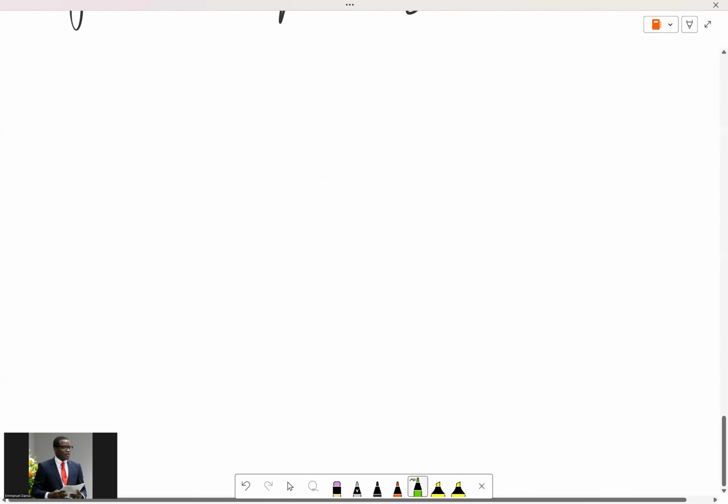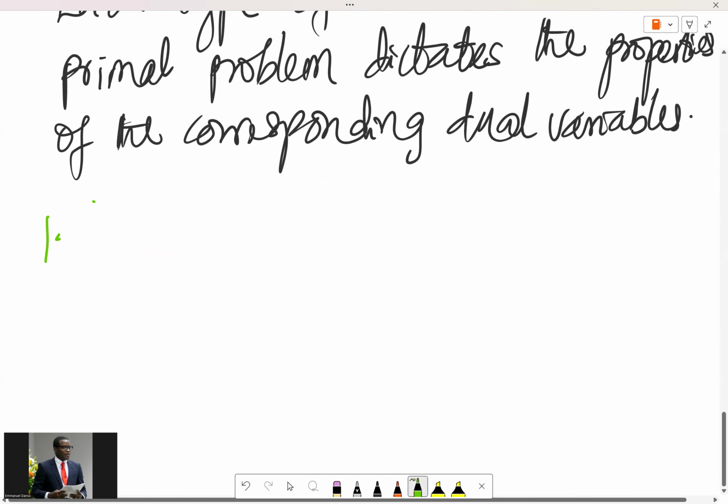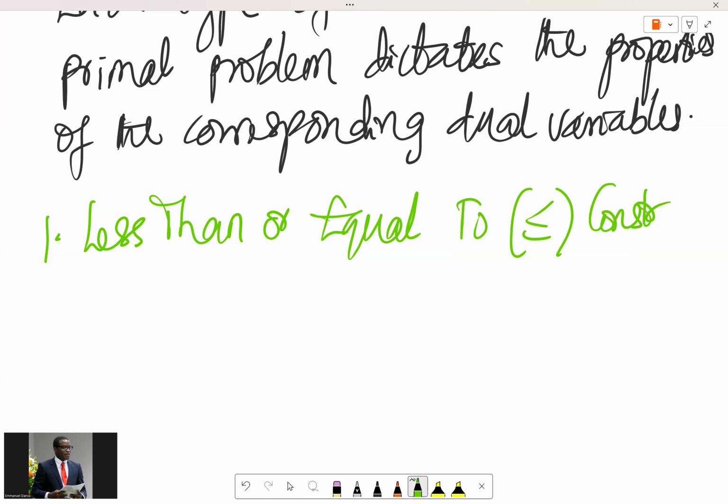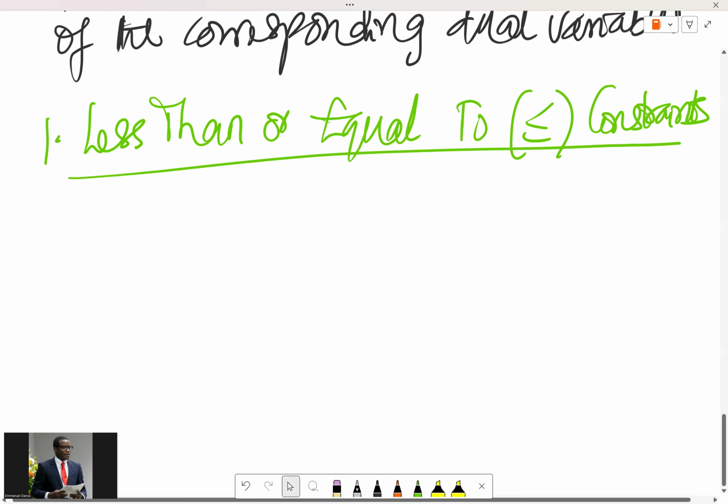The first situation is if you have less than or equal to constraints. This is going to determine the kind of decision variable you are going to have, right?